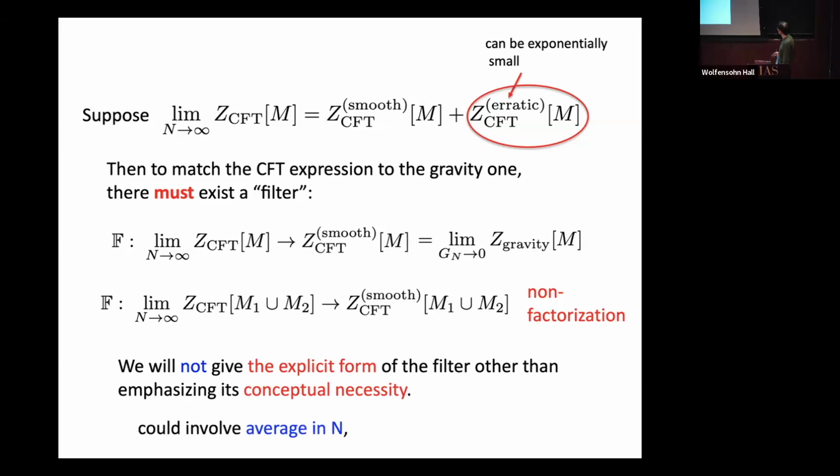So, new proposal. For example, this filter could involve averaging over N, and it could also involve some other kind of ensemble average. Right now, we don't know the right way to describe this filter, other than I just want to emphasize it must be there. And this can explain the factorization problem.